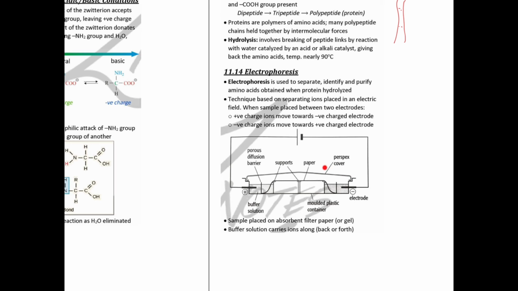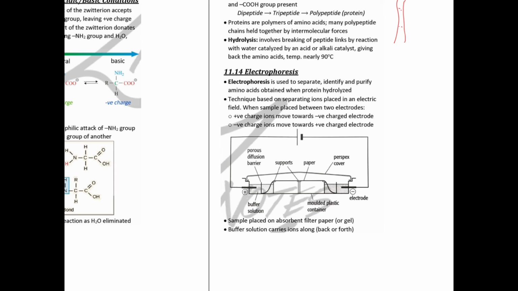The sample is hence separated. The negatively charged amino acid will move to the left, to the positive terminal. The positively charged amino acid will move to the right, to the negatively charged terminal. If they are neutral, they will remain in the middle.